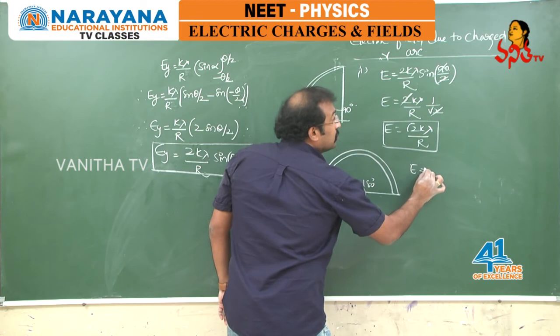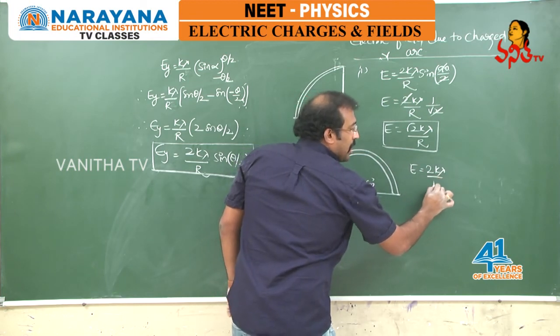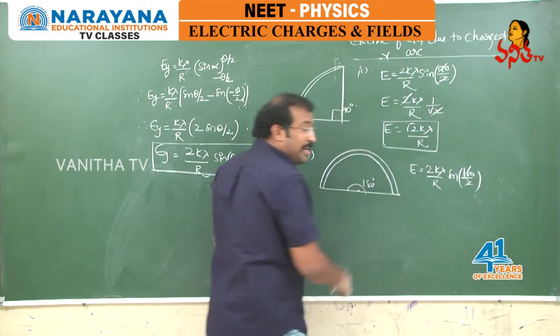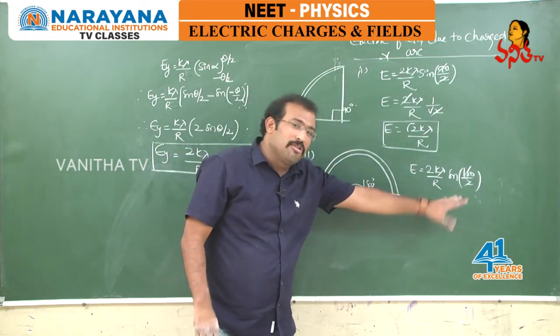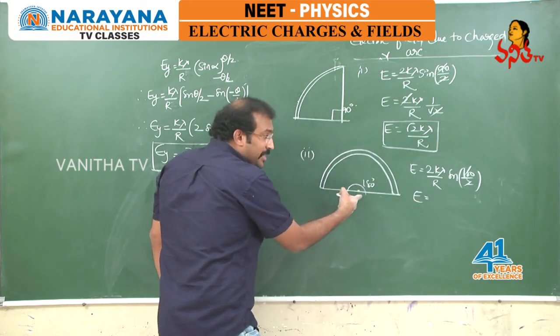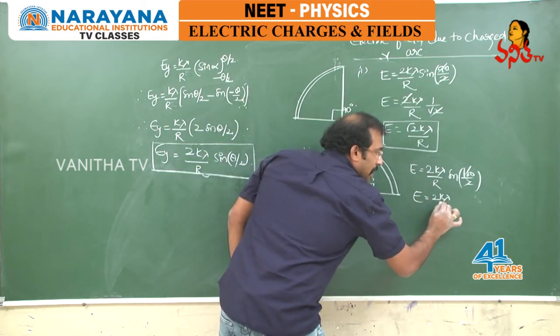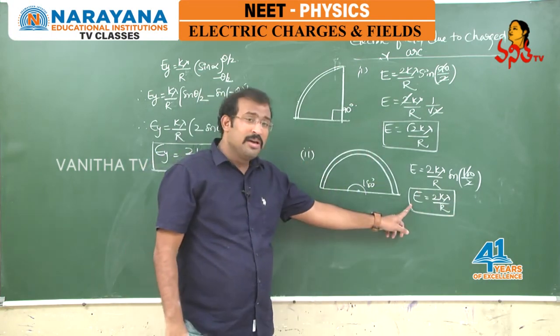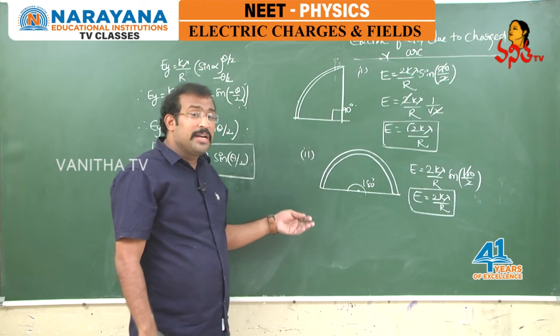So E is equal to 2kλ by r into sin 180 by 2, which will be 90 degrees. Sin 90 is equal to 1. Then the electric field due to a semicircular arc at the center is 2kλ by r.